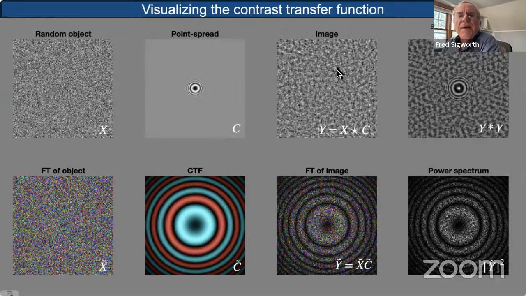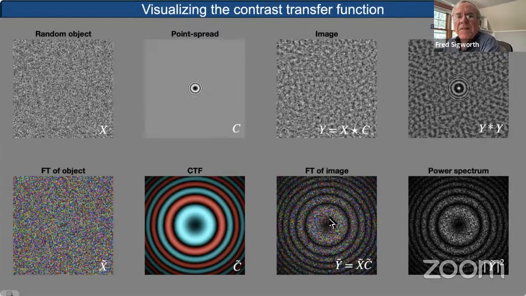Now, if I transform back, this is what my image would look like under phase contrast imaging, and you can see it's gotten this rough, ripply kind of look, which is what it looks like if you look at a carbon film in the electron microscope.